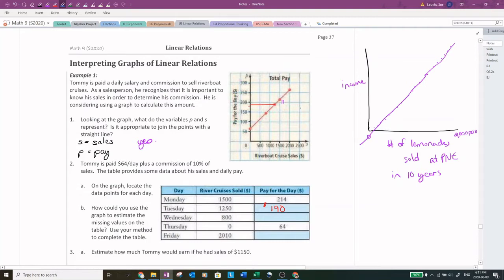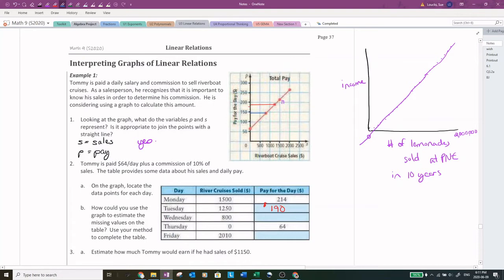So I need to draw my line from that point. And if I'm calling this line here 190, then this gap is 10 and this gap is less than that.